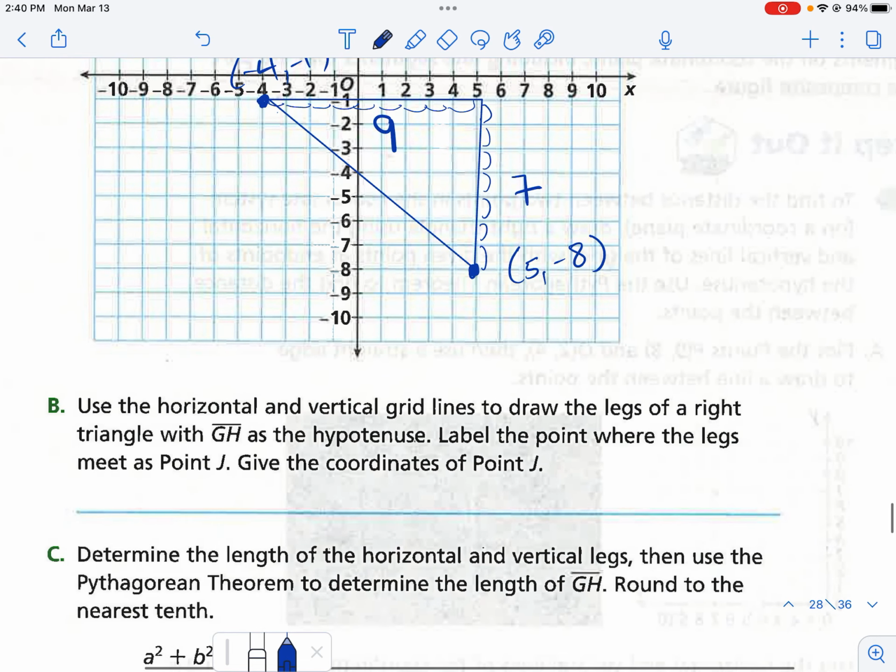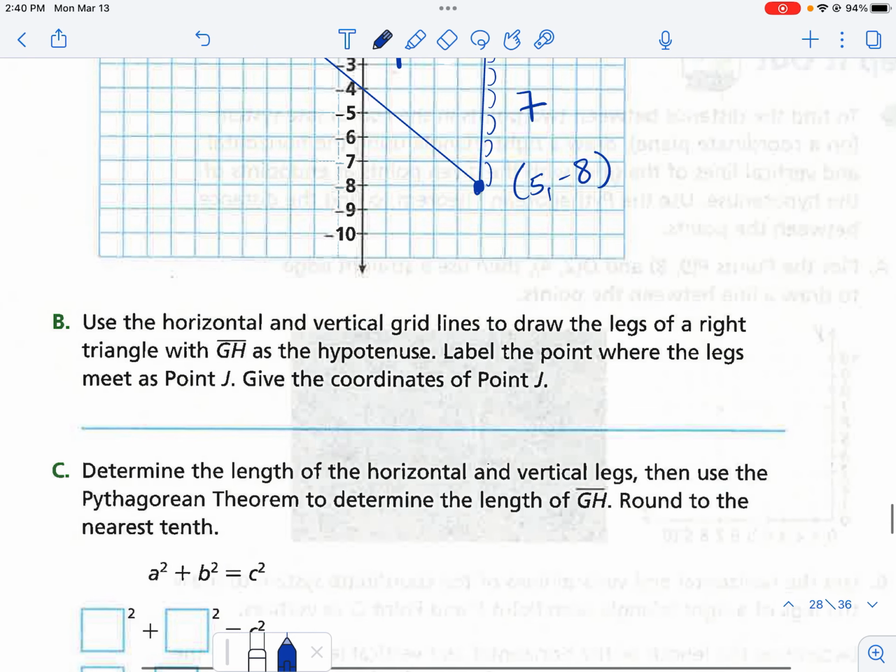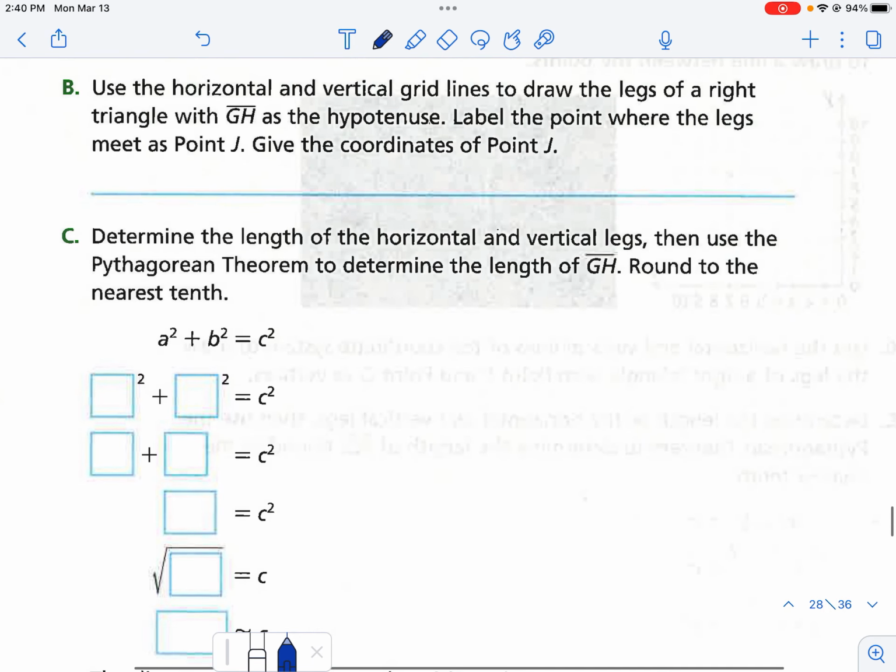So, use the horizontal and vertical grid lines to draw the legs. We did that. So we have 7 and 9. So 7 squared is 49, and 9 squared is 81. So 49 plus 81 gets us 130.